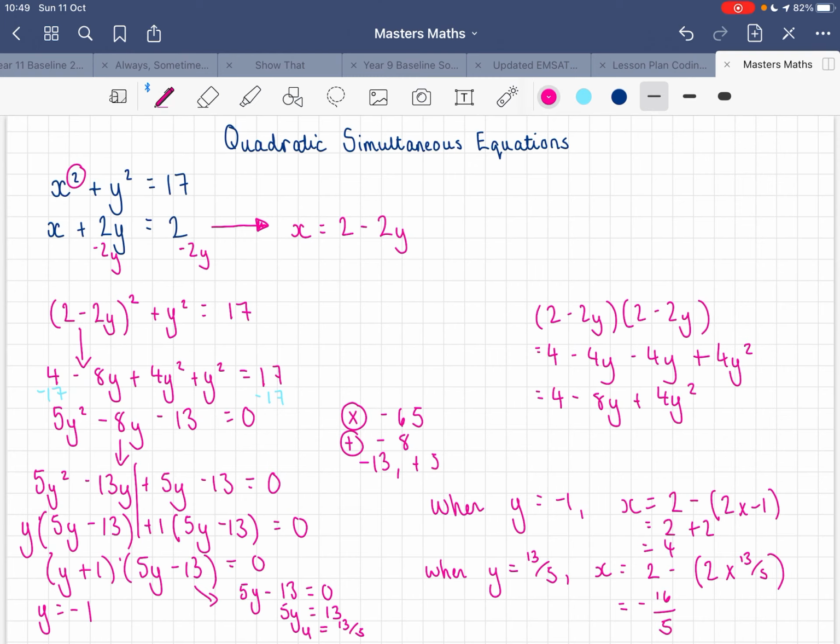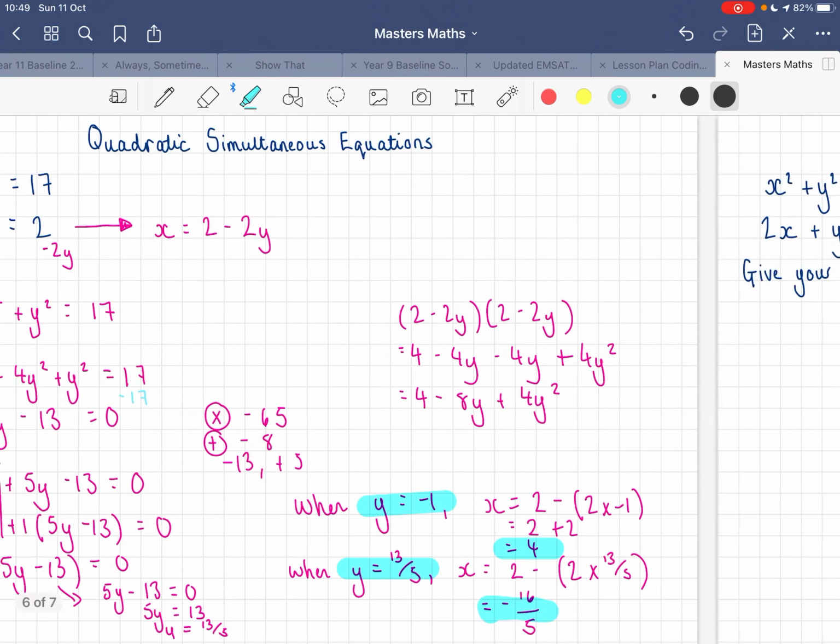Okay, I've literally just typed that into my calculator. And those are my two solutions. I'll highlight that so you can see them a bit more clearly. Okay, so when y is negative 1, x is 4, and when y is 13 over 5, x is negative 16 over 5. Okay, one last example.